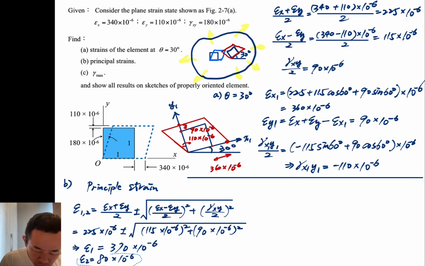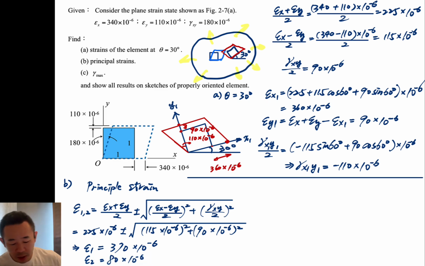Maybe you will ask why I know which one is epsilon 1 and which one is epsilon 2. Well, the maximum will be epsilon 1, and the minimum will be epsilon 2.